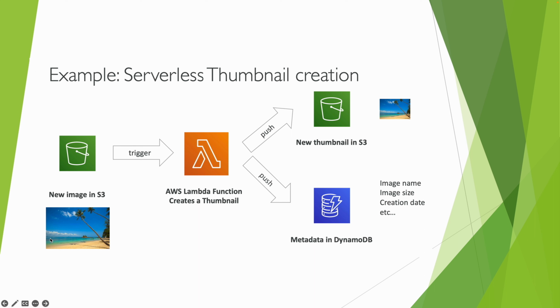We can take the metadata of the uploaded image and send it to Lambda, and Lambda will store it in DynamoDB: the image name, the image size, the creation date of the image. All this metadata you can store in DynamoDB. So you can trigger some events with AWS Lambda, okay.